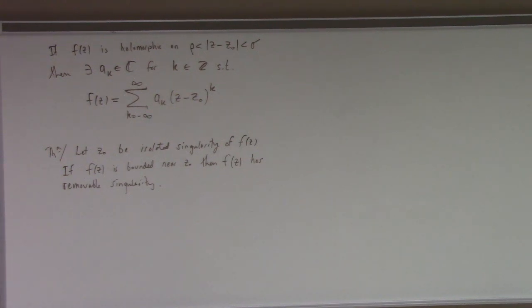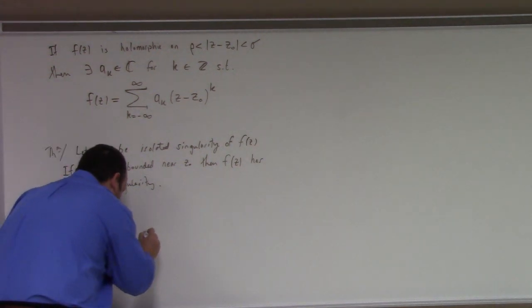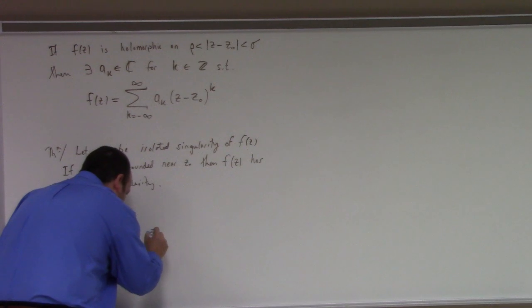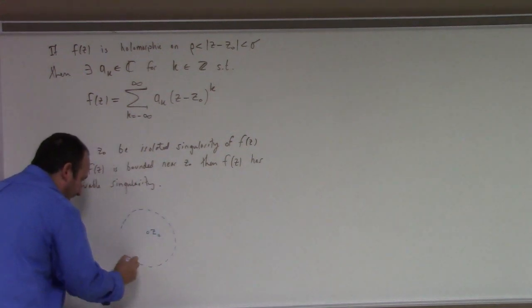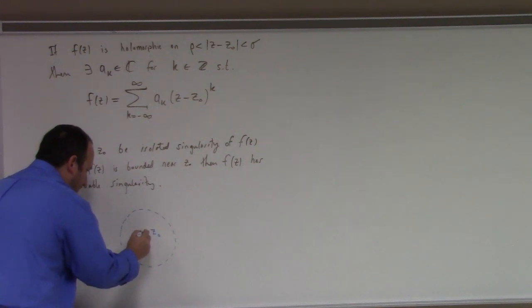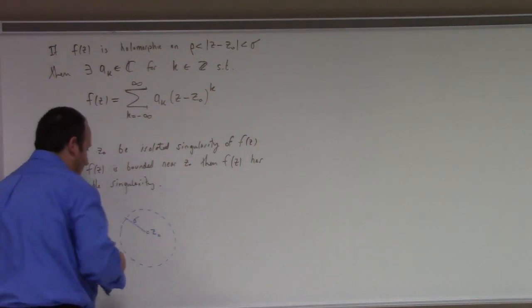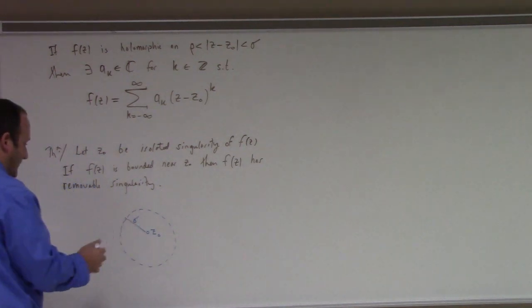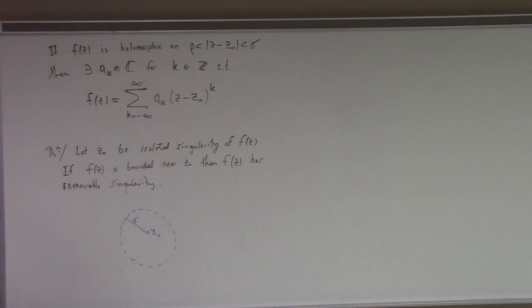If it's an isolated singularity, what that means to start with is that we can draw a picture like this. Here's your z naught, and there's some kind of disk of radius, I guess my current nomenclature would be sigma, and f is holomorphic, right? F is complex differentiable at any point inside that deleted disk.